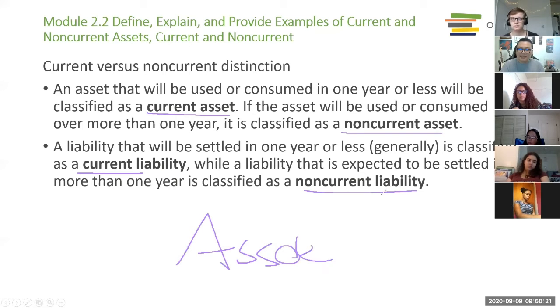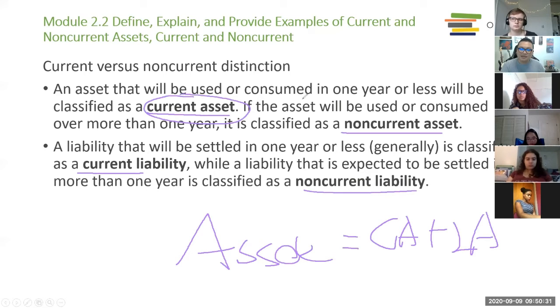The asset will include our current asset plus our long-term asset. The current asset means these things you're going to sell or consume within 1 year or less. And the long-term asset means these things you're going to use, consume, or sell for longer than 1 year.